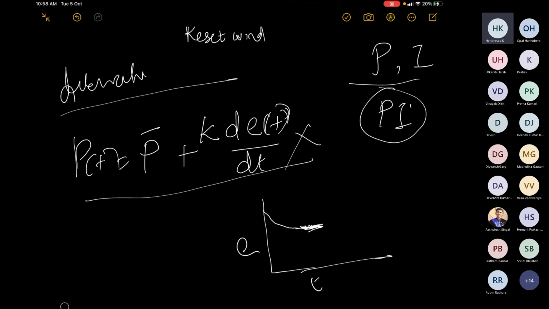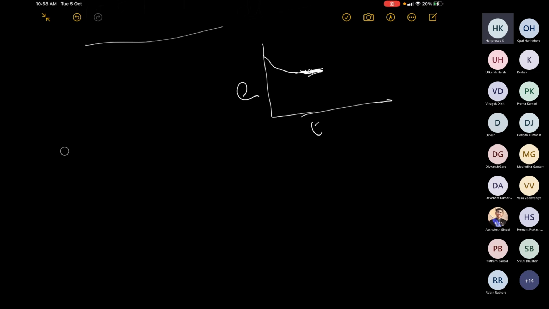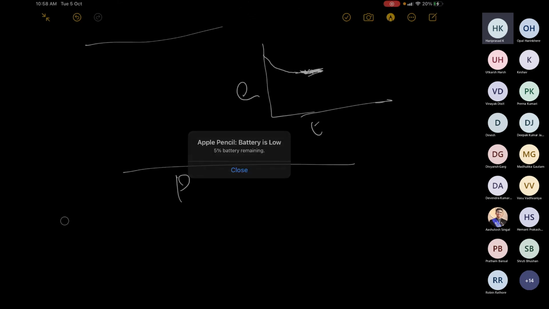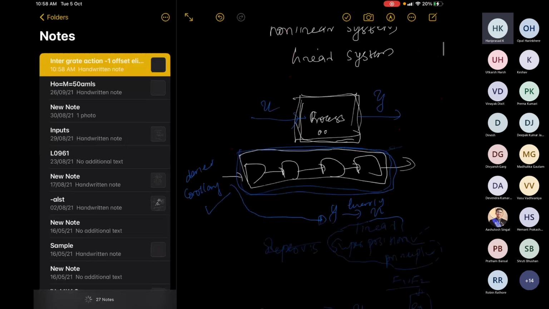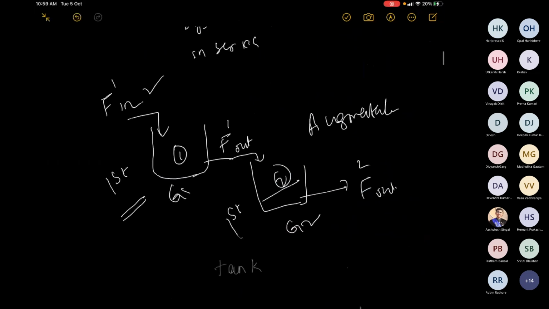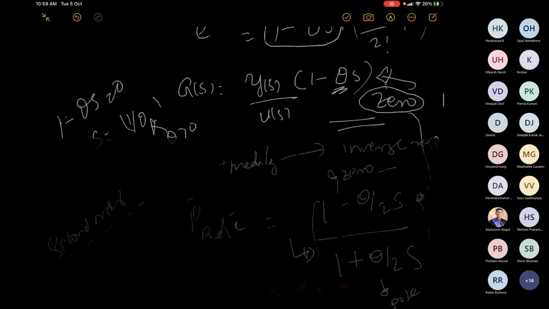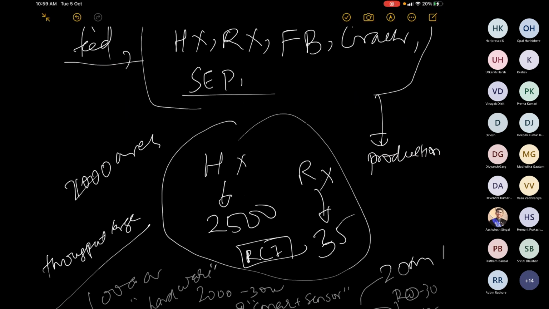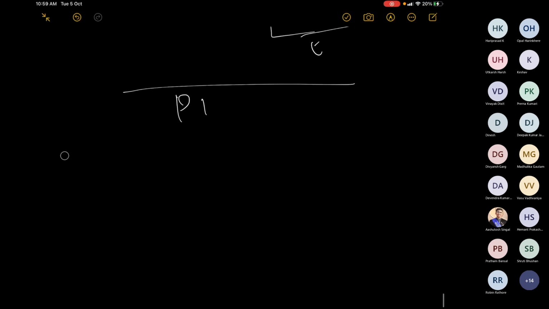But you can integrate it with P and I and D, which essentially means that it would also bring in the rate of change of error. So that would eventually result in the celebrated PID form of the controller.